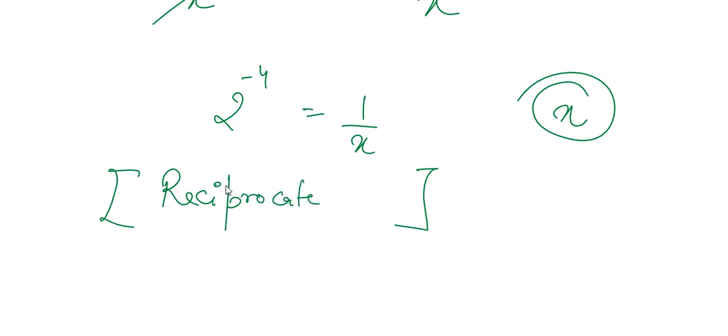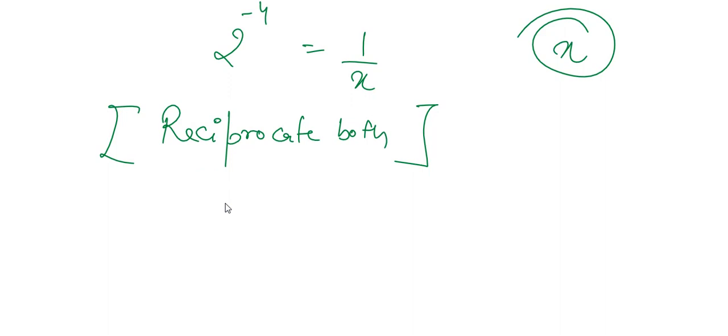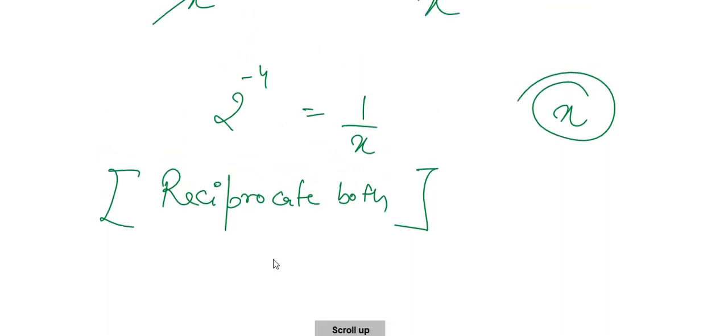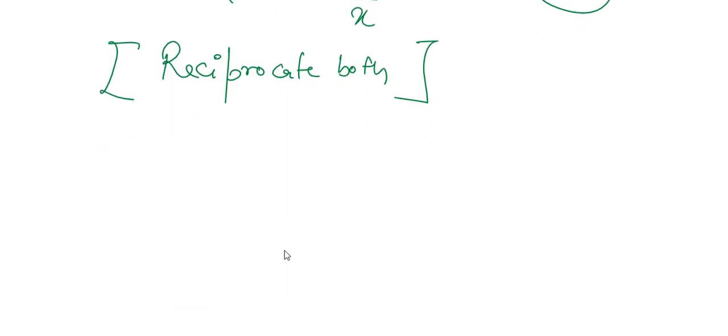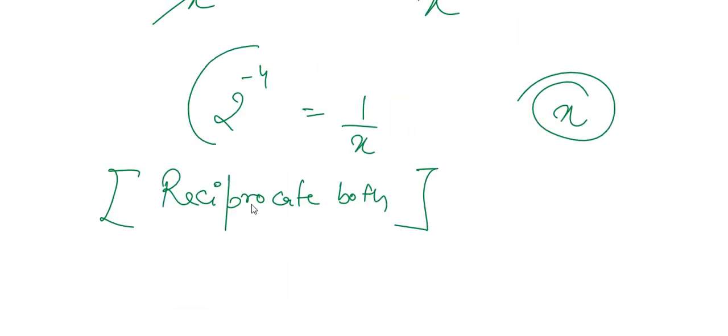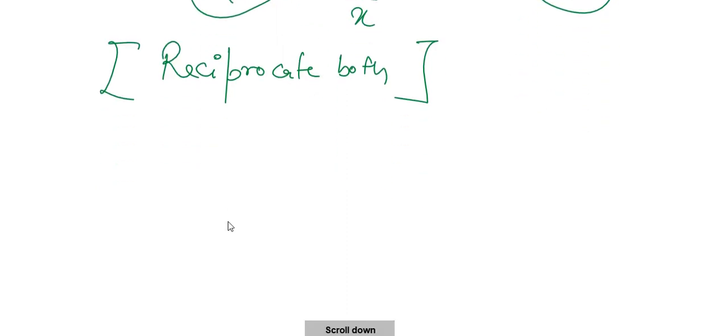So if I just take the inverse, treating it as a number, I would be reciprocating 2 raised to the power minus 4, equal to, I would get x only.